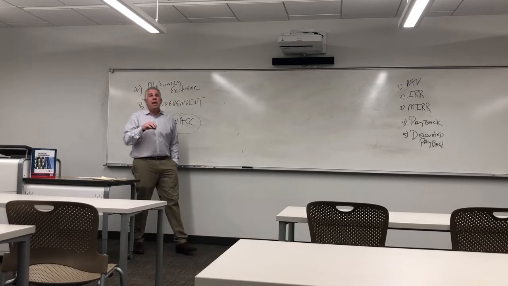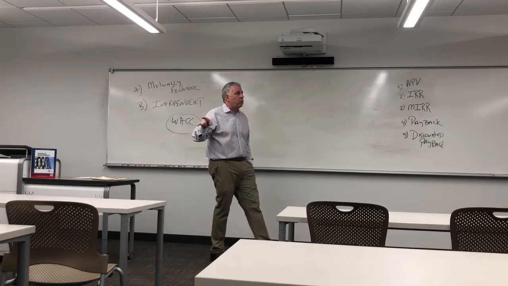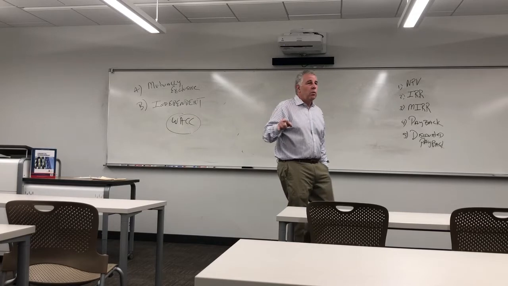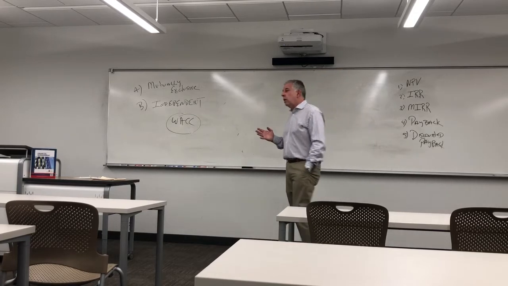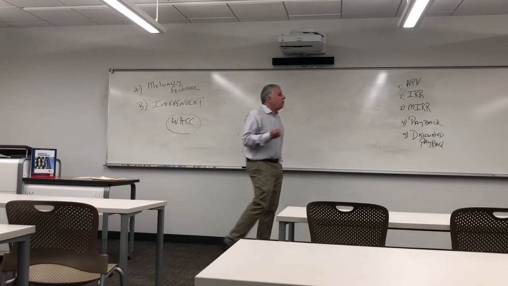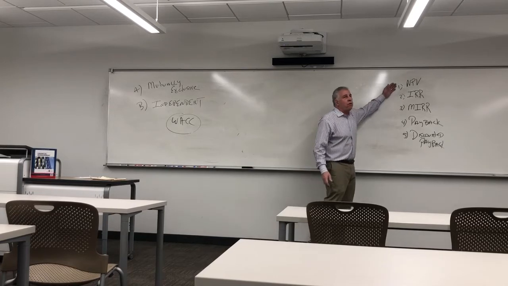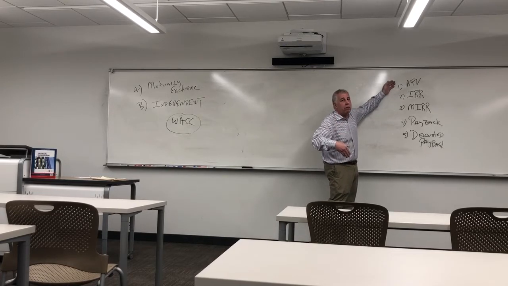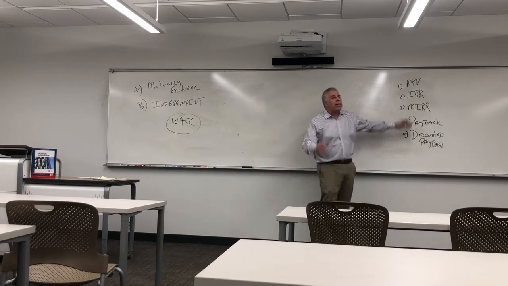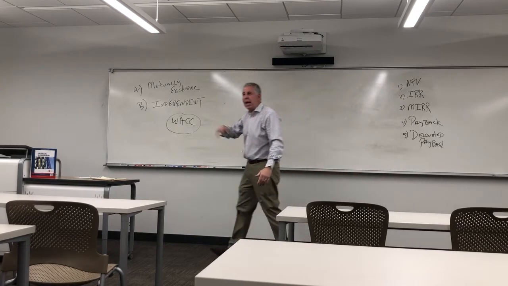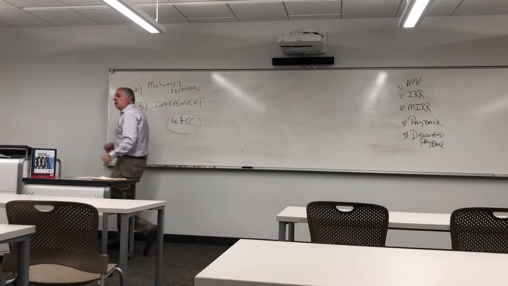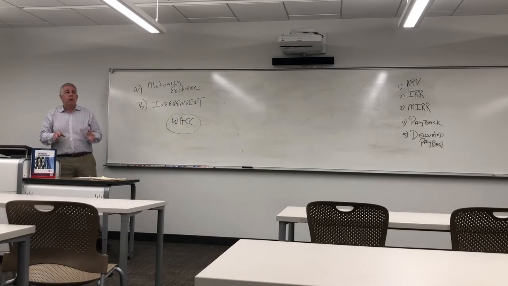When you would do the math for that, you will end up with two internal rate of returns. Which one's right? Well, that's the problem. If you have all the information, use net present value. It will only give you one answer. It's going to either be a positive or a negative. If it's positive, go with it. Internal rate of return, when cash flows vacillate from positive to negative, you will get multiple internal rate of returns.